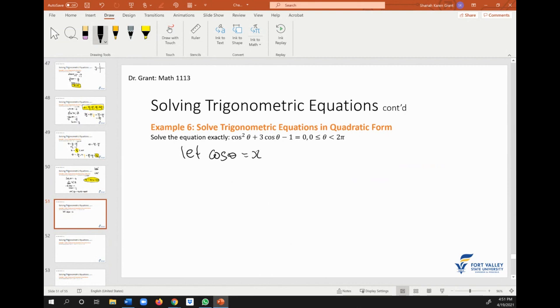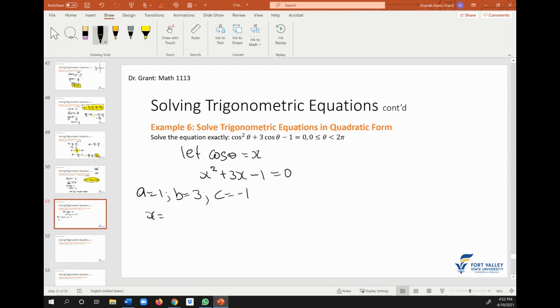Now, if cosine theta is x, our problem becomes x squared plus 3x minus 1 equals 0. And so it breaks down to a regular quadratic. I don't think we can find two numbers to multiply to give us -1 and add to give us 3. So we can utilize the quadratic formula, noting that a equals 1, b equals 3, c equals -1.